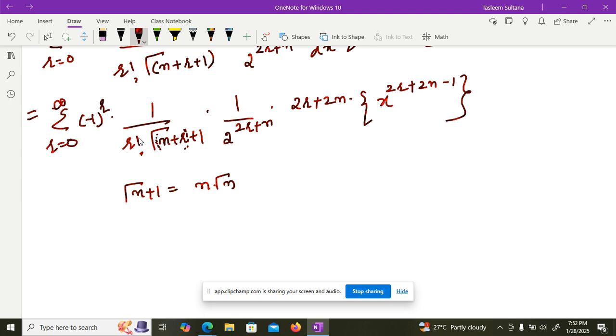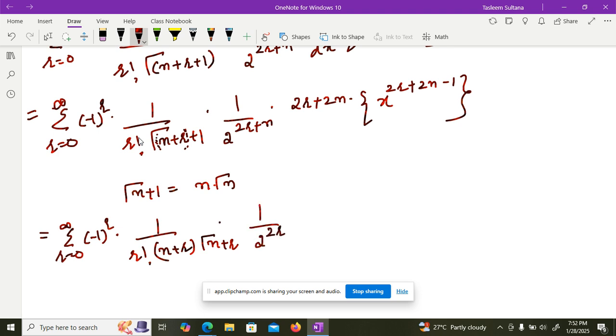So when you apply this formula, what you get is summation r equals 0 to infinity, minus 1 to the power of r into 1 divided by r factorial, n plus r of gamma of n plus r into 1 divided by 2 to the power of 2r plus n into 2r plus n into x to the power of 2r plus 2n minus 1.